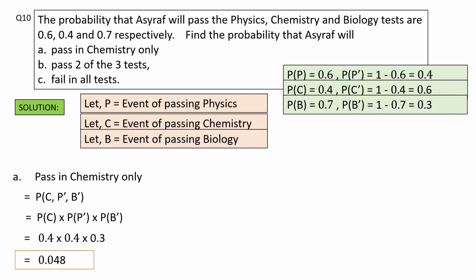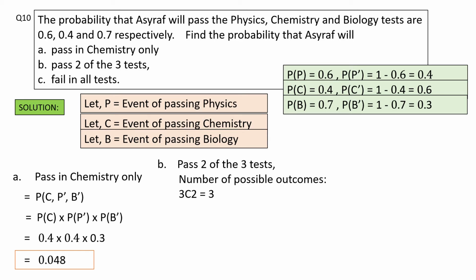For the second question, you are asked to find the probability that Ashraf will pass 2 of the 3 tests. If you have doubt, you can find the number of possible outcomes using combination. Since Ashraf is sitting for 3 tests and we want to choose 2 to pass, it is 3 choose 2, or 3C2, which equals 3.